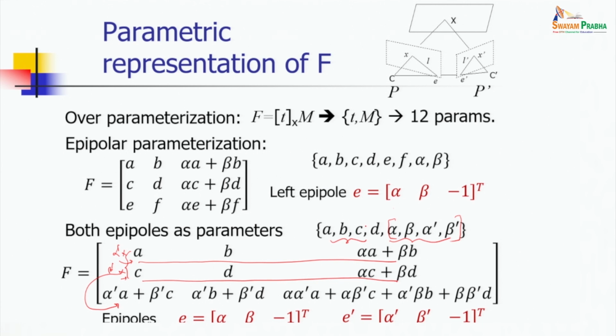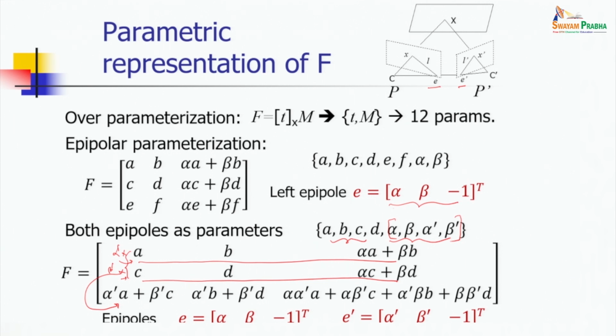So what we can say is that if I specify the epipoles, because given a stereo configuration epipoles can be obtained, and of course it is a projective element, but I have taken this particular role. So it is alpha beta minus 1. You see that the scale factor is minus 1.